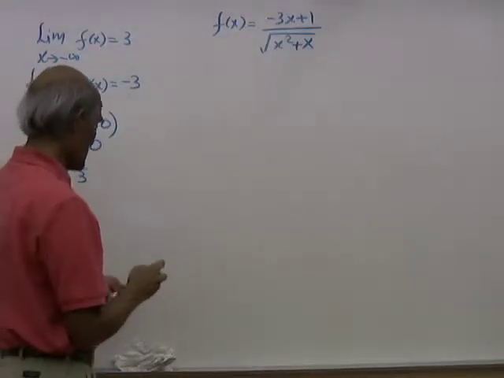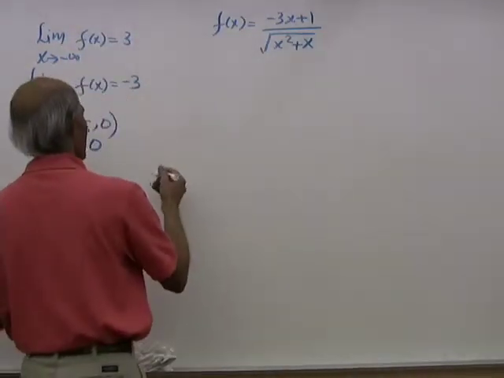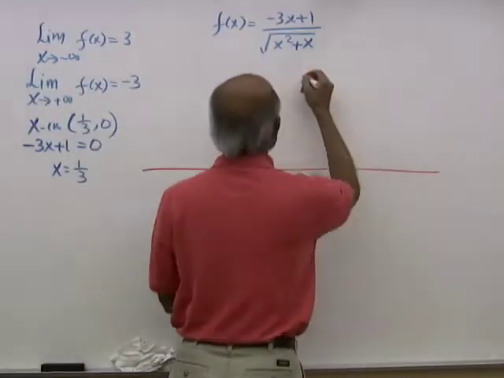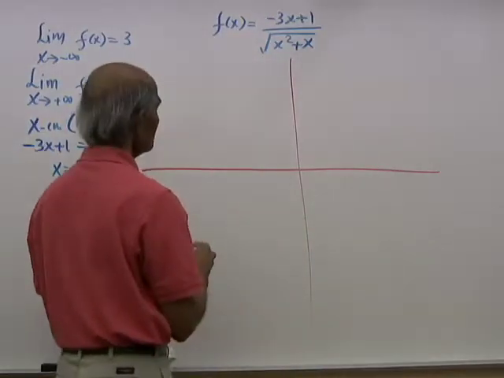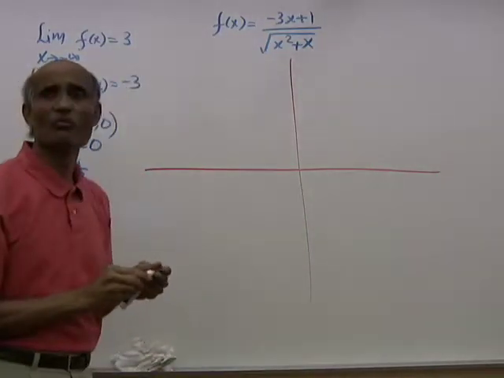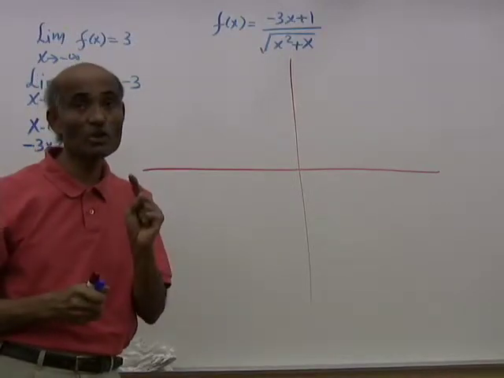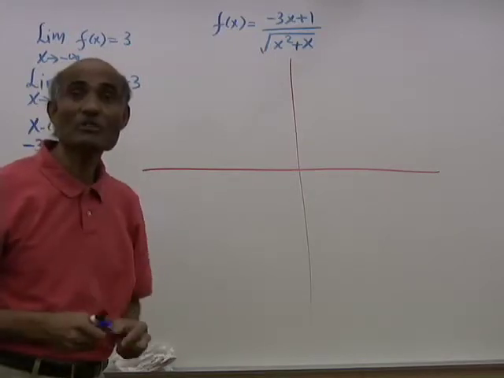Now, let's try and draw the graph there. All right, let's see, that is the x-axis and that is our y-axis. Do we have a vertical asymptote? Vertical asymptote occurs where the denominator is 0.